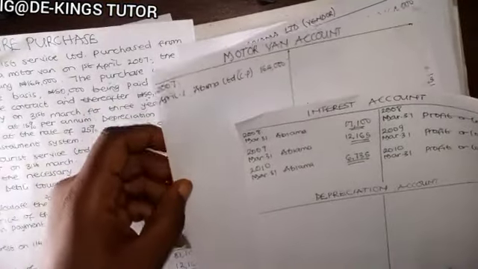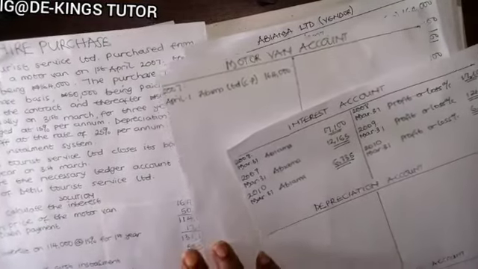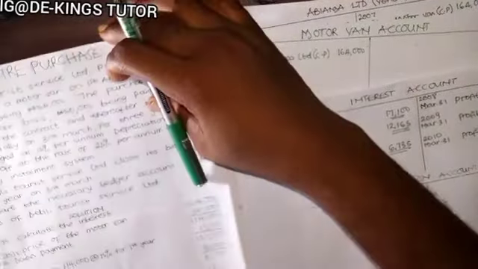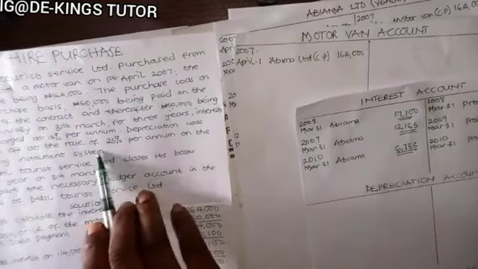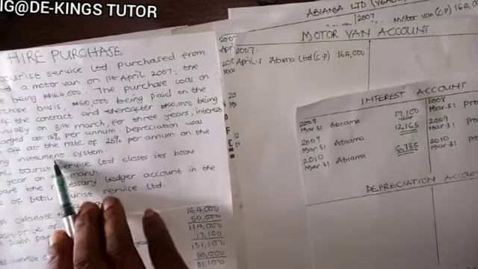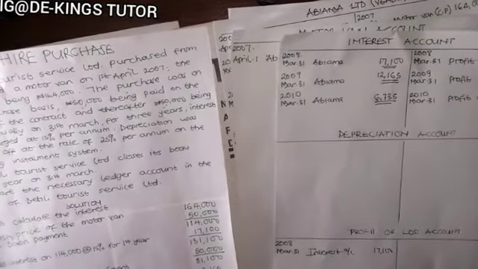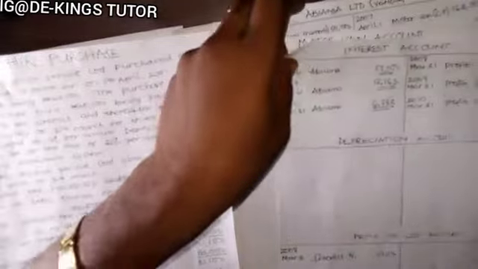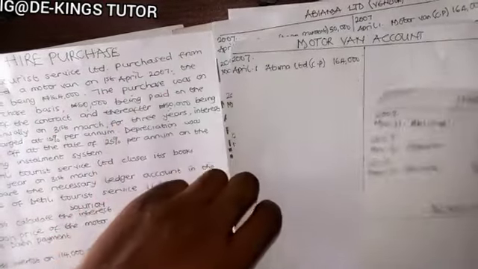Now the next one is the depreciation and the motor van. How to record that. If you check here in this question, they said depreciation was written off at 25% per annum on reducing balance system. Okay, reducing balance, not on straight line. In the depreciation procedure, we credit the asset account and we debit the depreciation account with the amount of depreciation.